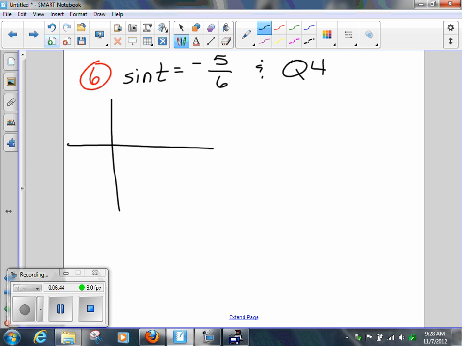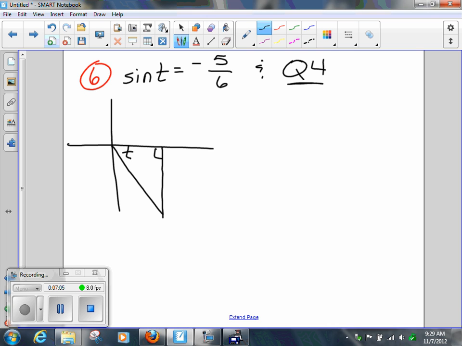This angle is in the 4th quadrant. So draw your angle in the 4th quadrant. Drop that altitude because I want to form a right angle. t is my angle closest to the origin. You with me so far?